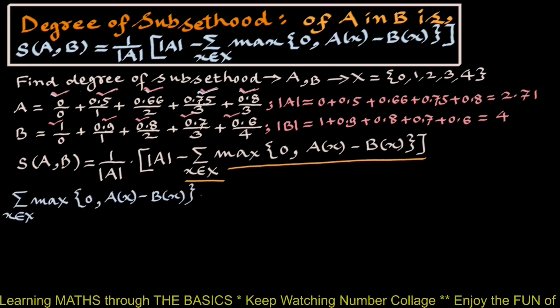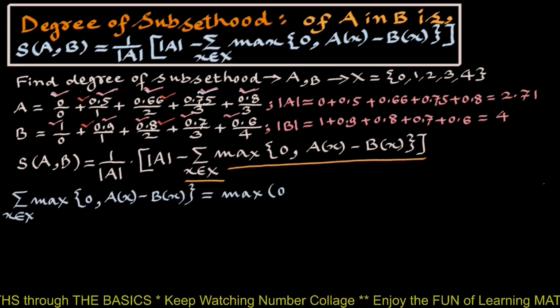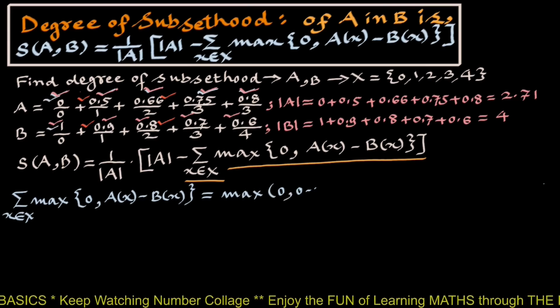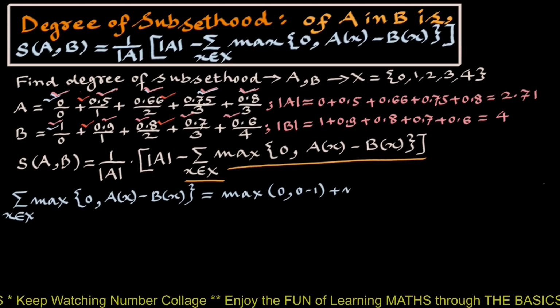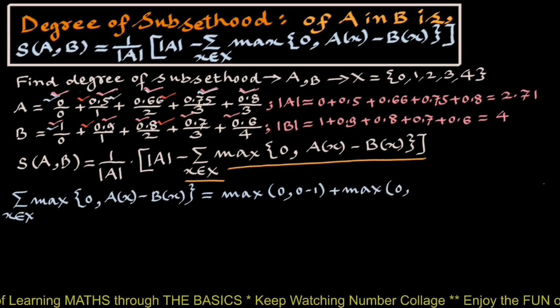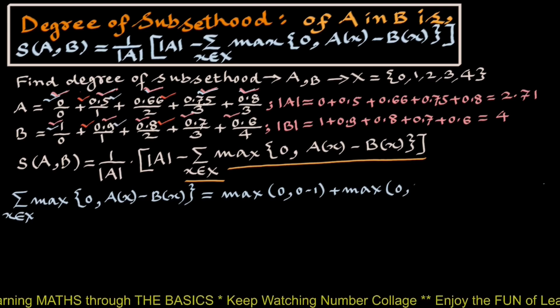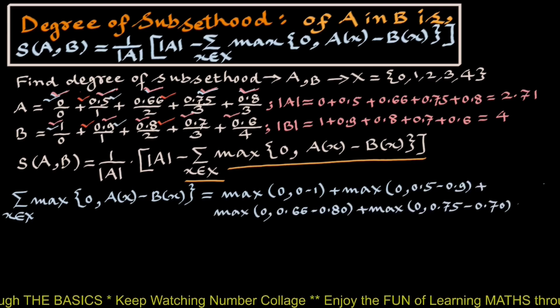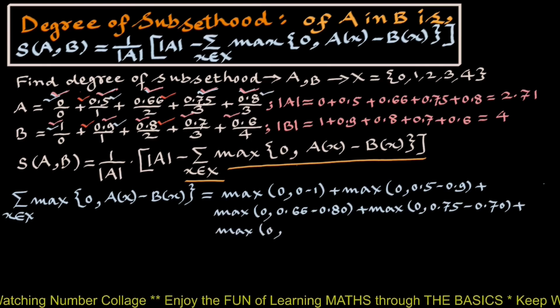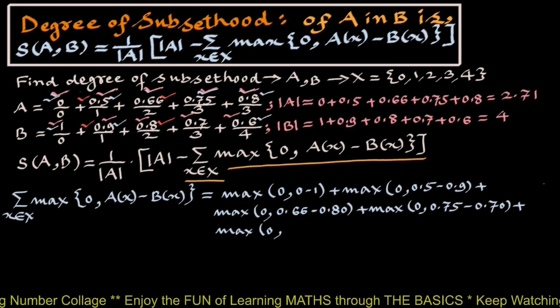So we will have maximum of 0 and difference of this 0 and this 1, 0 minus 1, plus maximum of 0 and difference this 0.5 minus this 0.9 plus etc. plus maximum of 0 and difference this 0.8 and this 0.6.